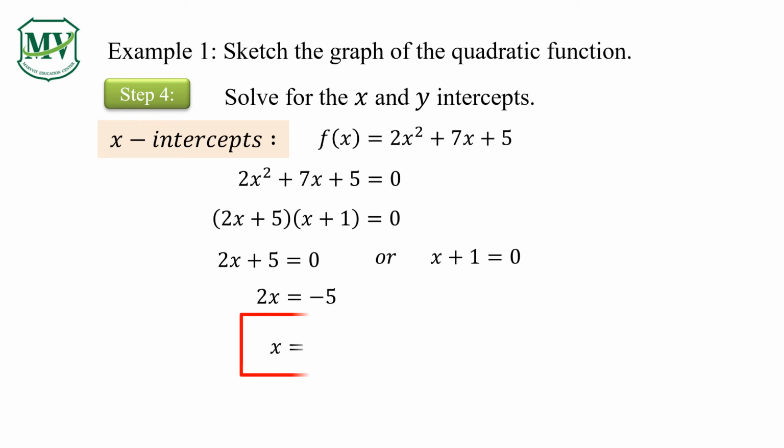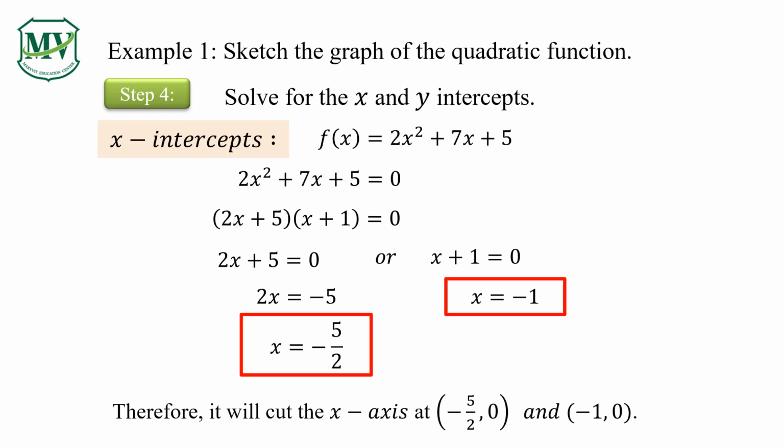Our value of x is negative 5 over 2. x + 1 is equal to 0. Our value of x is negative 1. Therefore, the graph of the quadratic function will cut the x-axis at (−5/2, 0) and (−1, 0).